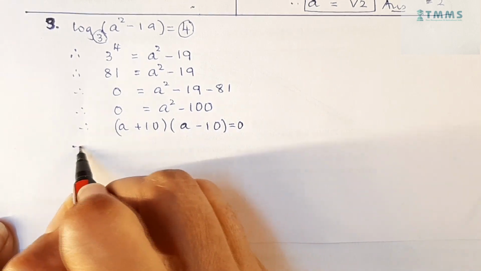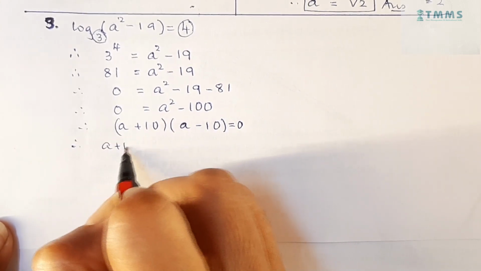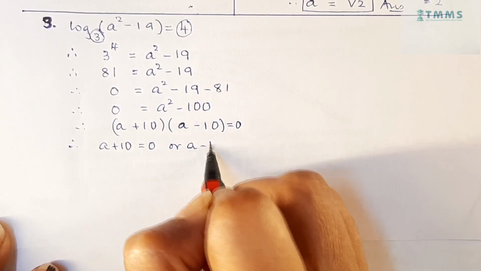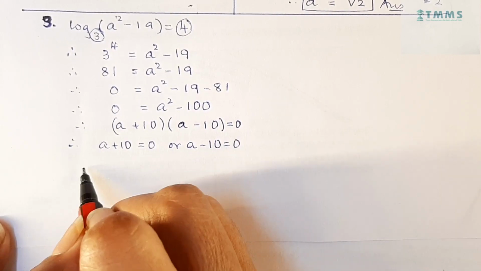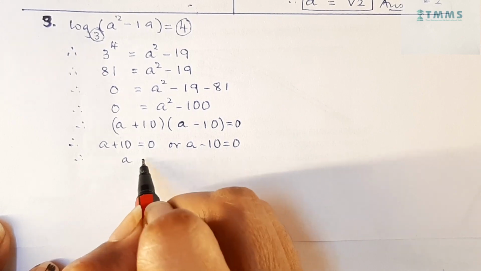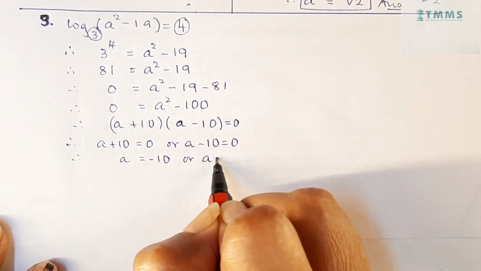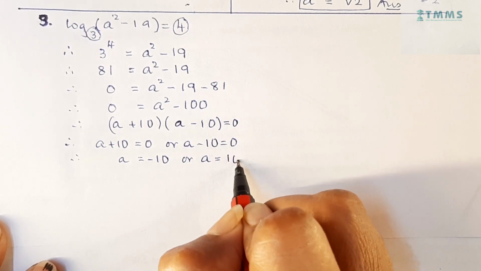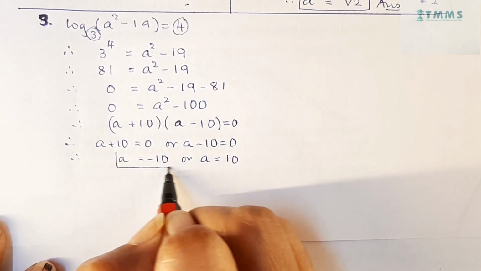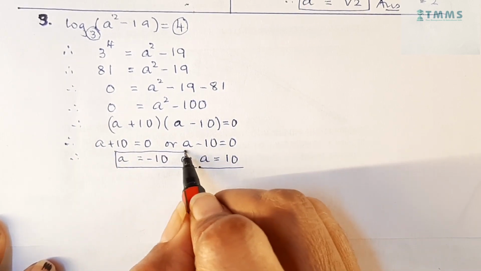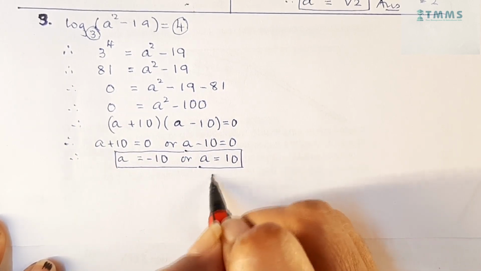And that will give us, therefore, a plus 10 equal to 0 or a minus 10 equal to 0. And that would give us a equal to minus 10 or a equal to plus 10. So we get two values and we have to see whether we can use both the values.